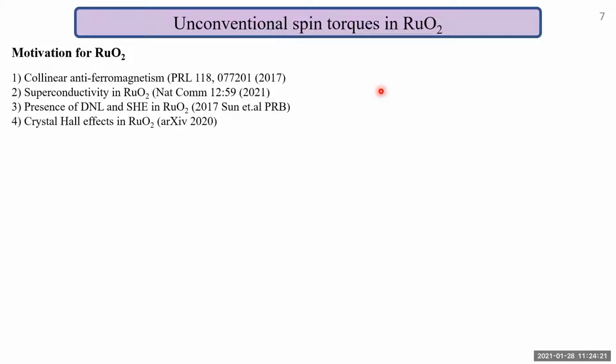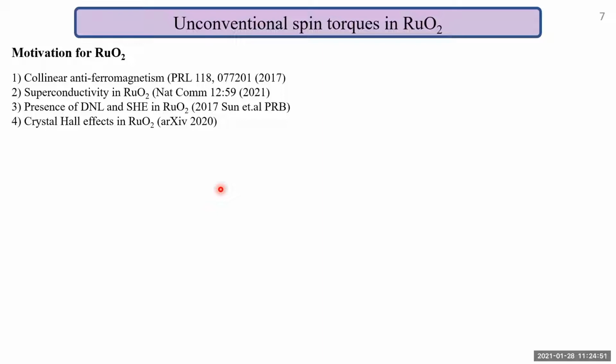And also, since it is a collinear antiferromagnet, even though bulk ruthenium oxide is centrosymmetric, the ruthenium atoms along with two adjacent oxygen atoms are non-centrosymmetric. Based on that, there are a lot of recent theoretical predictions that it could produce unconventional spin-orbit torques. So there is plenty of motivation for single crystal ruthenium oxide.